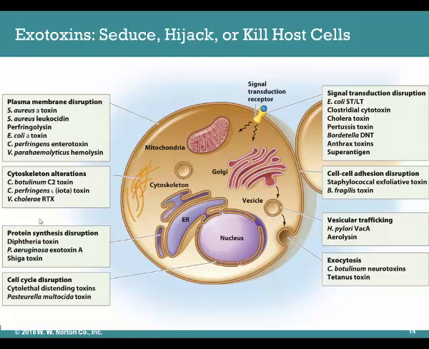or to disrupt some kind of signal that would have a cascade of events intracellularly that would signal for change in behavior of the host cell. If that's blocked or disrupted by these toxins, then it can result in an erroneous reaction.